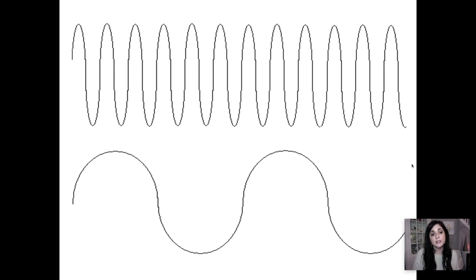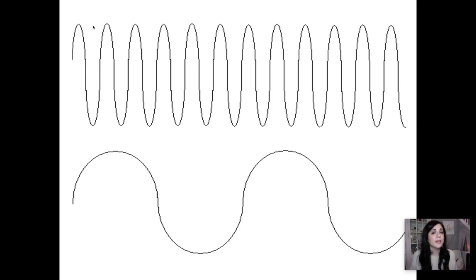Let's just imagine that both of these waves are passing through a point in 1 second. If I notice this top wave that has the very short wavelength, there are a lot more waves that can pass through that given period of time. Therefore, the shorter the wavelength, the bigger the frequency.